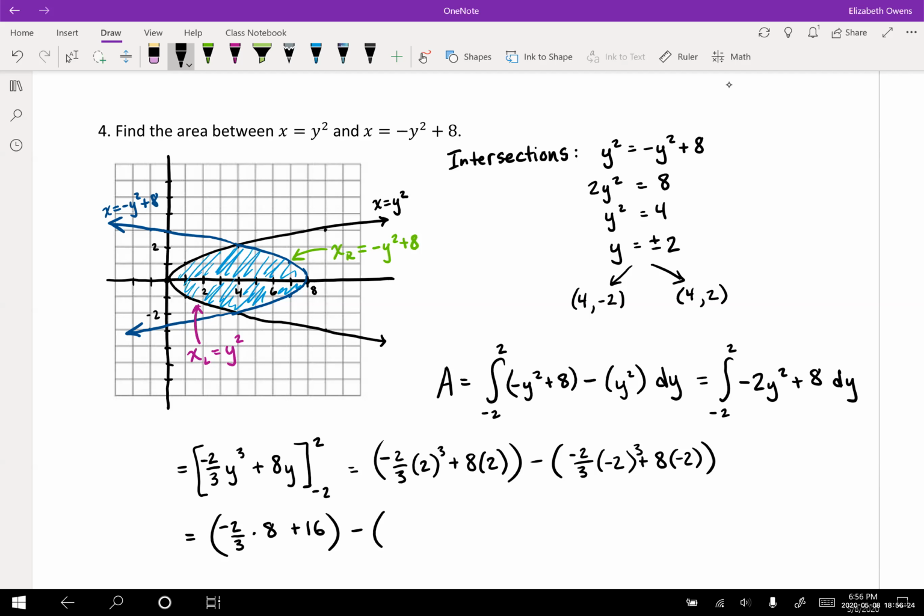And then we would have negative 2 to the third is negative 8 times another negative 2. Well, I guess I'll just write it like that, minus 16 there. So we'd have negative 16/3 plus 16, and then this would be another 16/3 right there, so we're going to be subtracting that 16/3, and adding another 16.